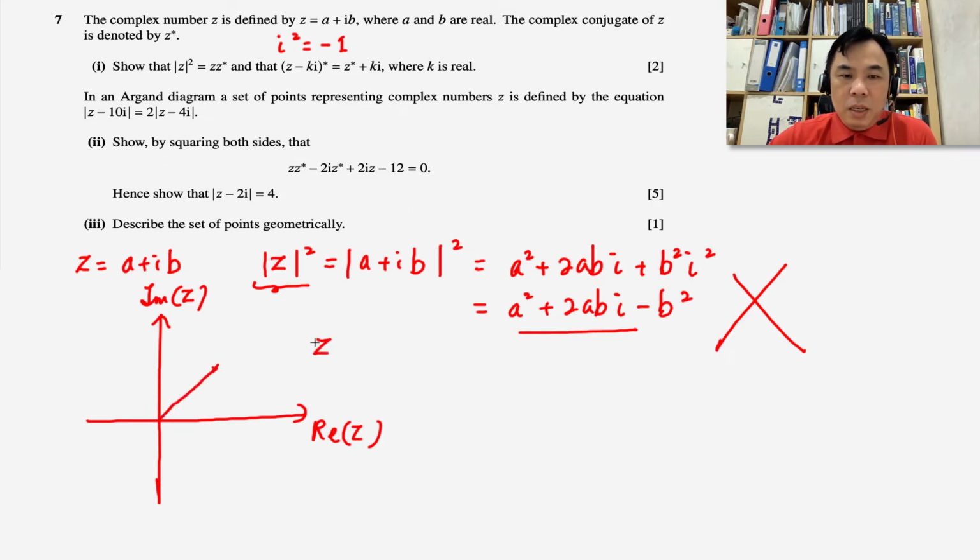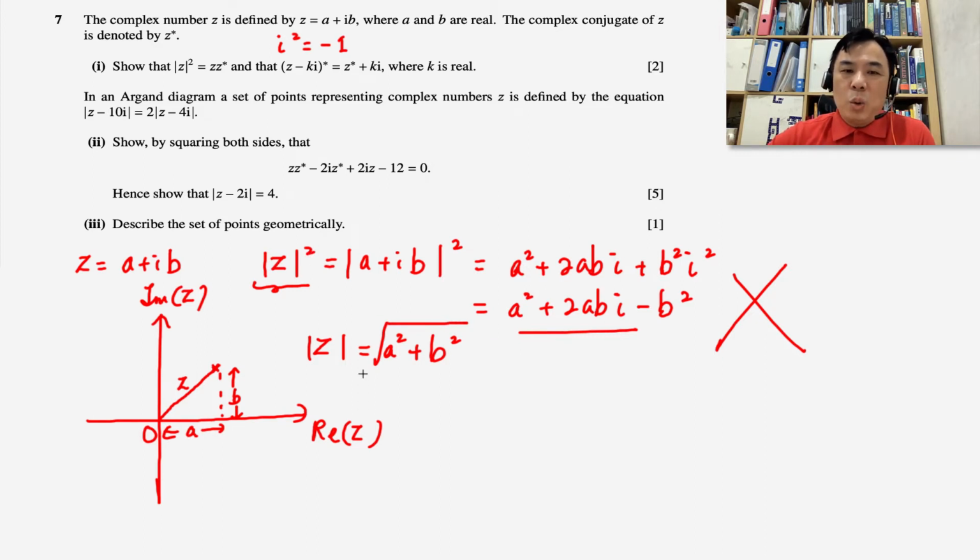The magnitude of Z basically means what is the distance from O here until the tip of this complex number. What is the magnitude of this line actually? So the magnitude of this line is typically, we know, A unit over here and then B unit up here. Therefore, the magnitude of Z is given by Pythagoras theorem, A square plus B square, square root.